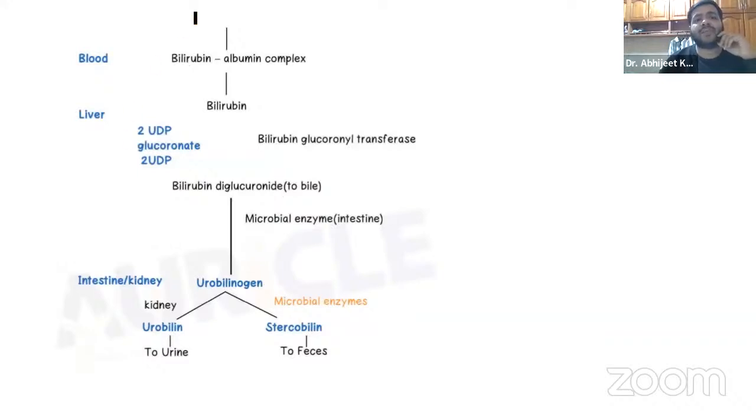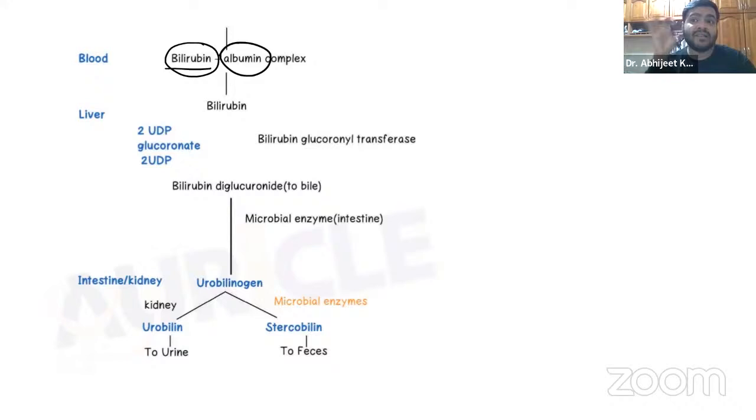Now, what will happen next, guys? Remember that in the blood, this bilirubin will combine with the protein called albumin. So the bilirubin will combine with albumin, which results in the formation of the bilirubin-albumin complex, right?